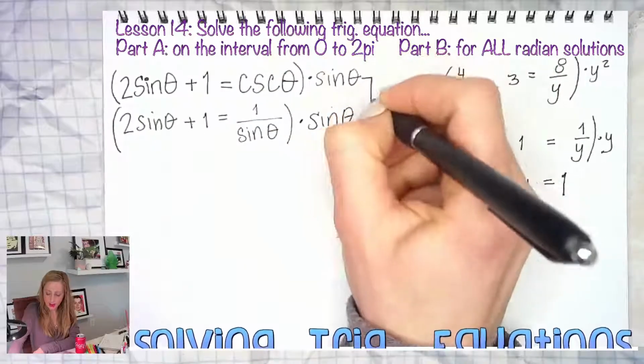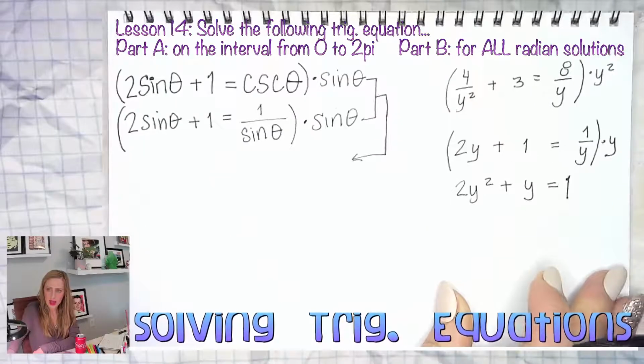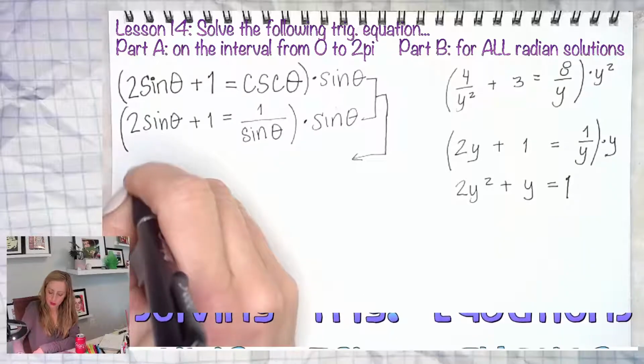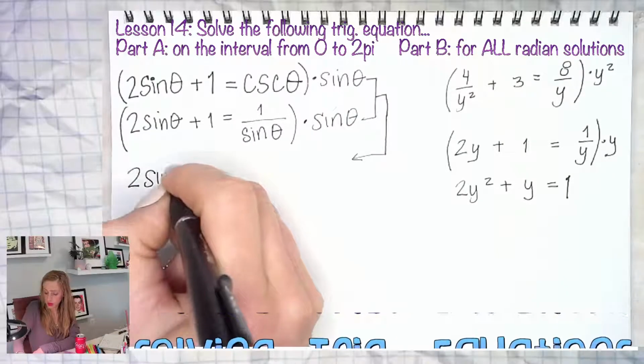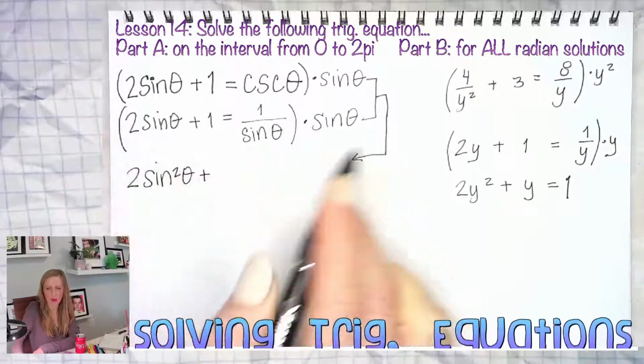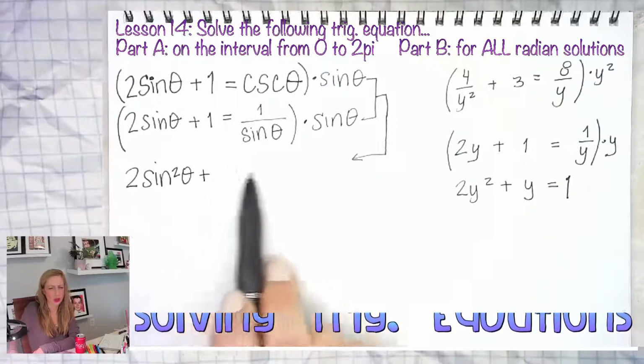Either way, if you multiply by sine theta, what do we get for the next line? 2 sine squared theta plus, and remember to multiply by everyone. I feel like when we're doing these problems, sometimes your brain drifts off and you stop distributing and just start copying.